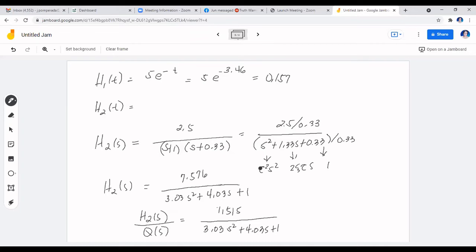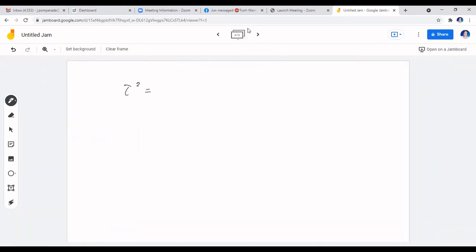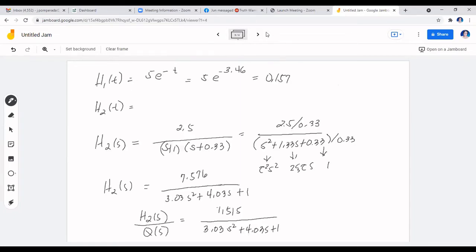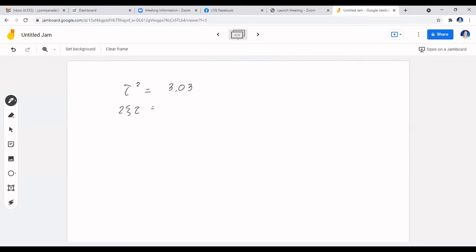So we're ready to get the tau and the zeta. So our tau squared in this case is 3.03, and your 2 zeta tau is 4.03. Okay? So if we get our tau, you have 1.74 here.